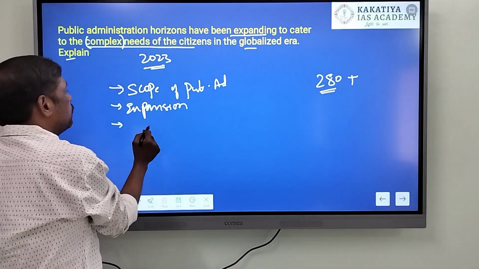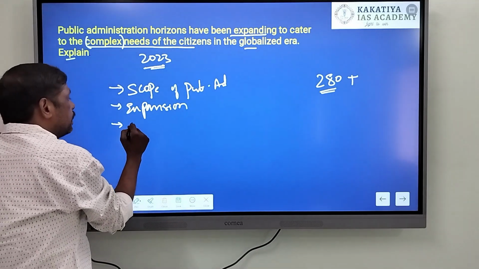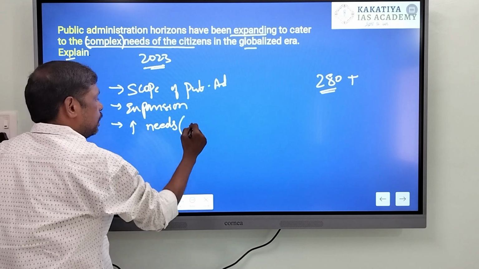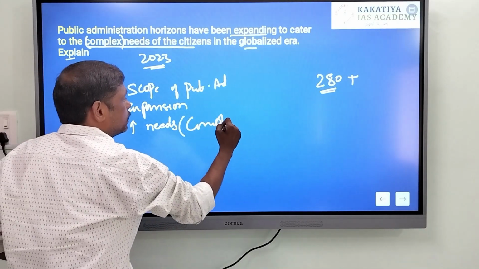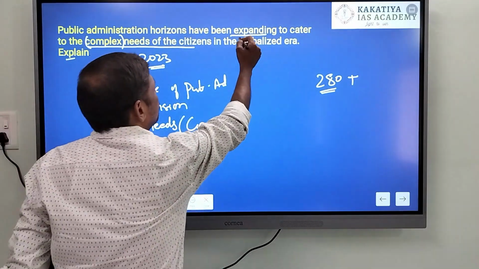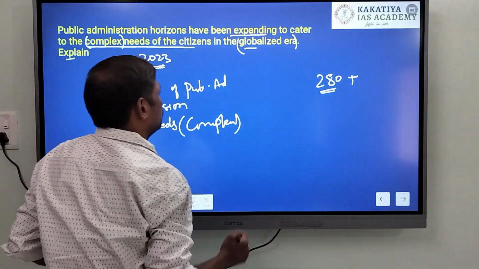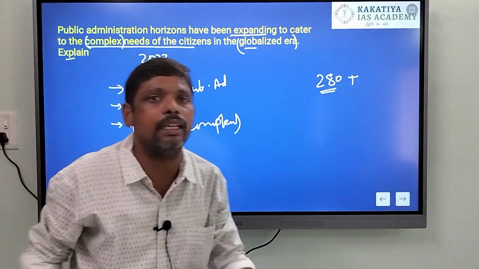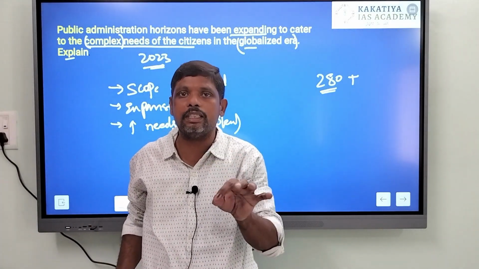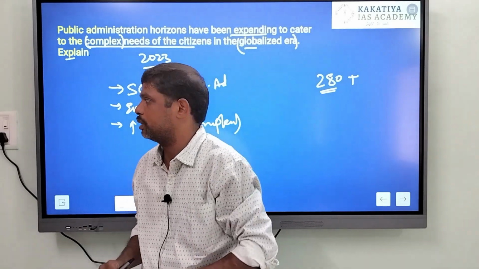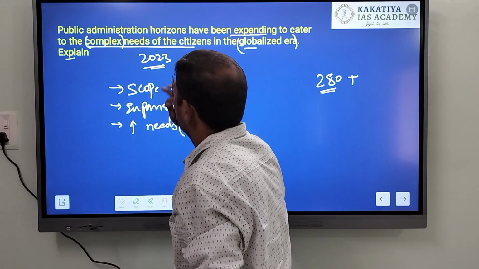So this expansion is because of increased needs of citizens, which are complex in nature, and in the globalized era. So there is a tag called the globalized era. That is, the reason for increased complexity is the contemporary world order, particularly globalization. Alright. So this is the question.